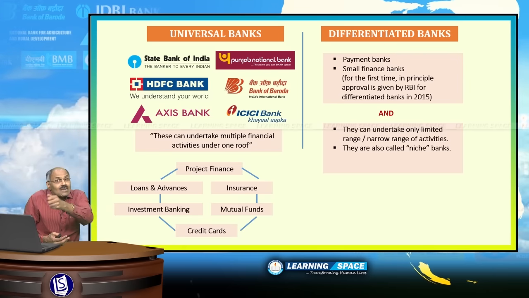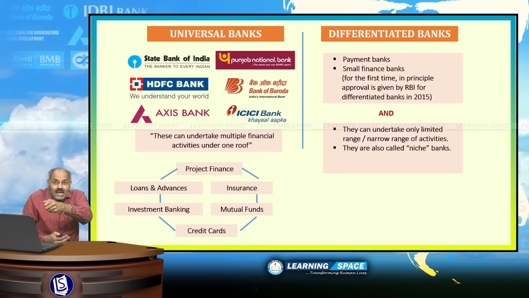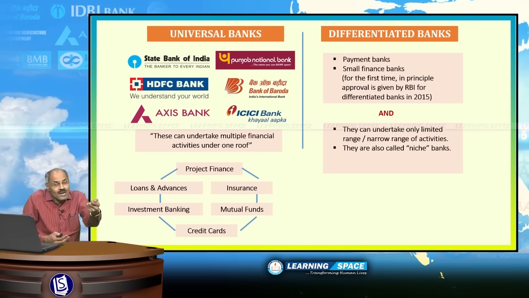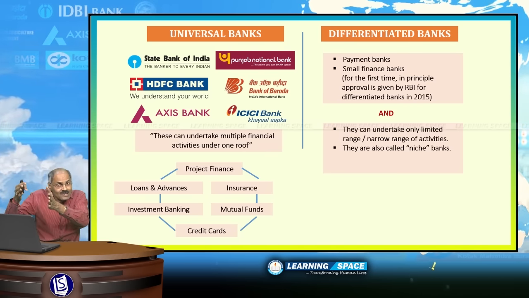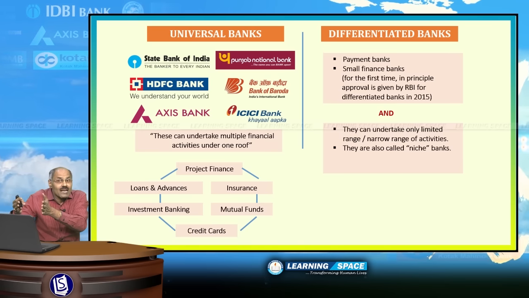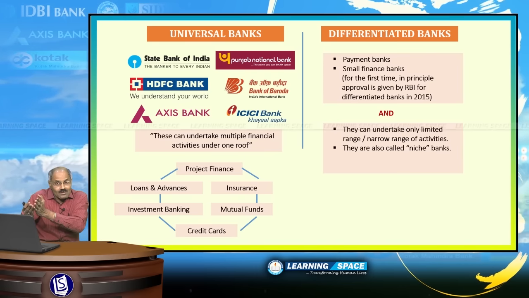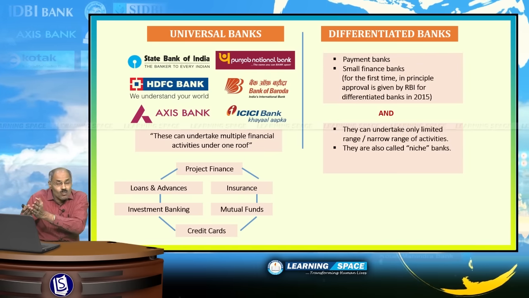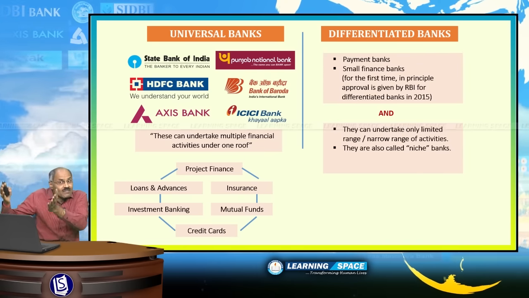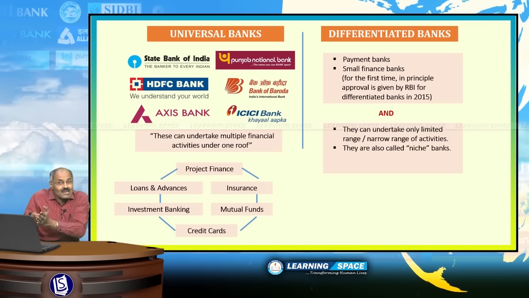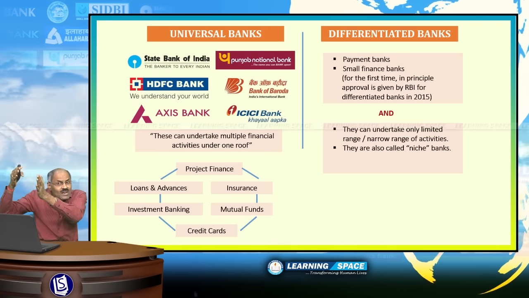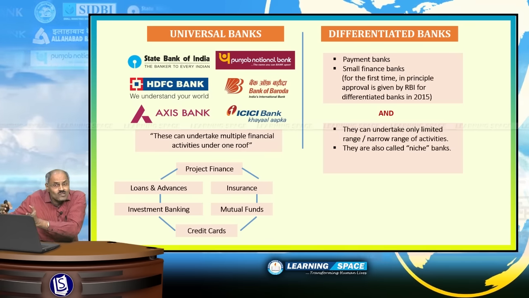But recently Reserve Bank of India gave in-principle approval for payment banks and small finance banks. They are differentiated banks because they can undertake only a narrow range of operations.